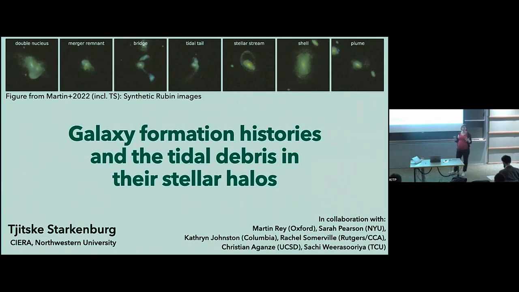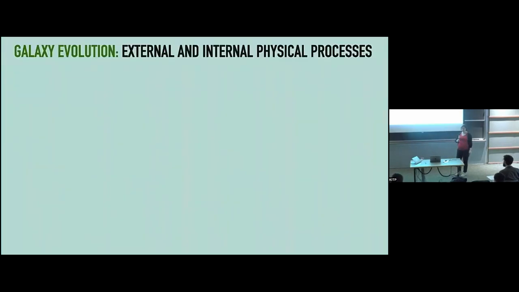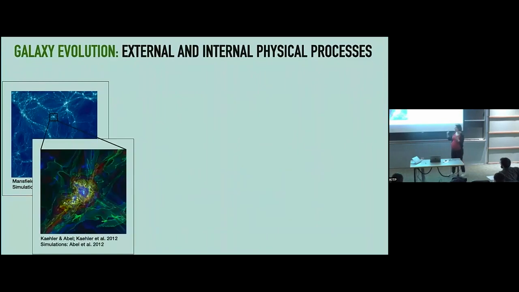But in my view, these are both connected. You want to use the present day information that we get from any survey to learn about how galaxies form, how individual galaxies form, maybe in some cases, but also how the population of galaxies formed and what the physics is that drives galaxy formation and evolution.